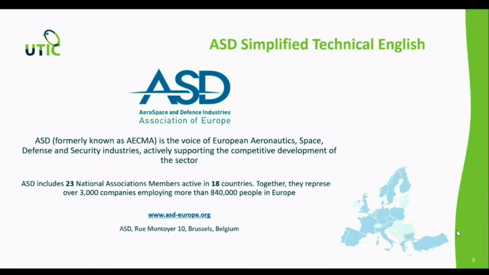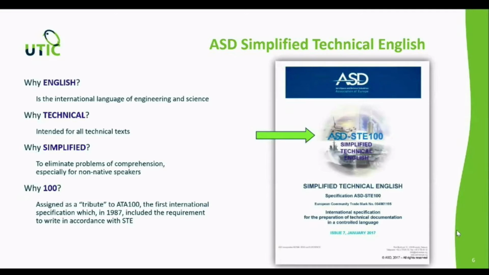And in the next slide, we will analyze the name of the specification itself, which is ASD ST100. But I will start from the subtitle, which says International Specification for the Preparation of Technical Documentation in a Controlled Language.